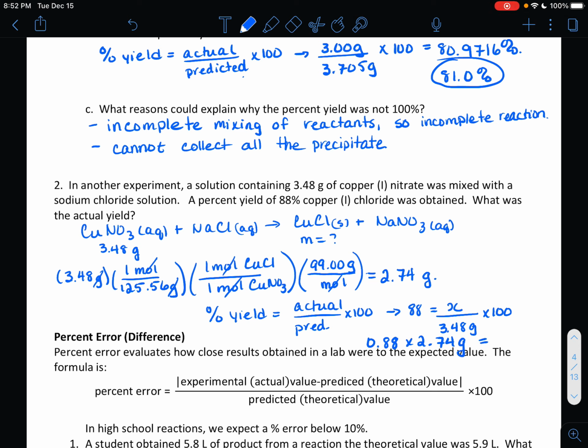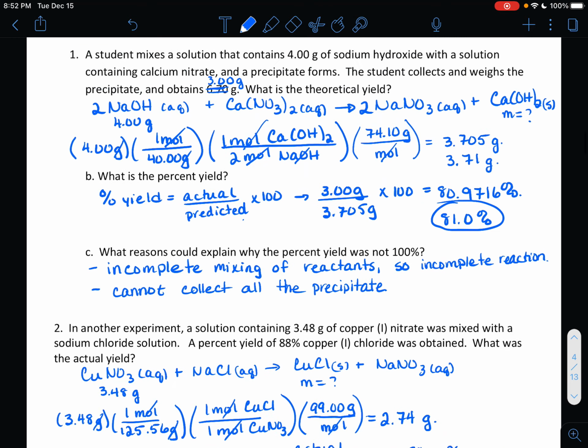You'll notice that whichever way you solve this, you're going to come up with the same answer. So what the student weighed out in the lab, what they obtained in terms of the precipitate they collected, was 2.41 grams.